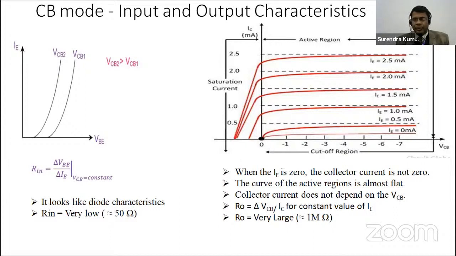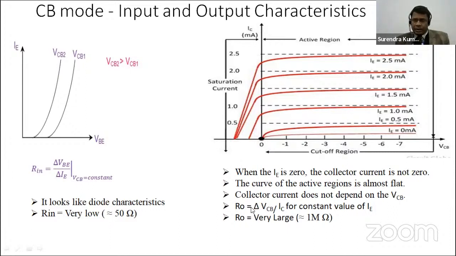And the most important point that we also discussed in the previous slide: IE is always slightly greater than IC. So in this graph, you can see this solid red line showing the collector current, while the dotted line represents the emitter current. So the red line will always be below this dotted line.